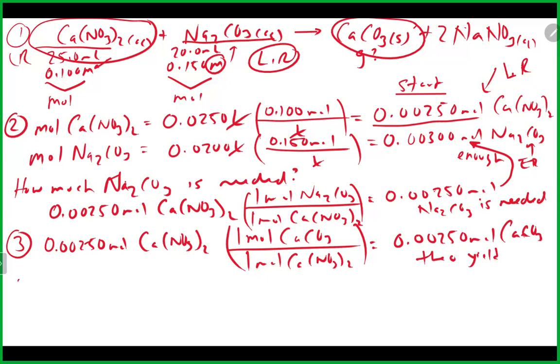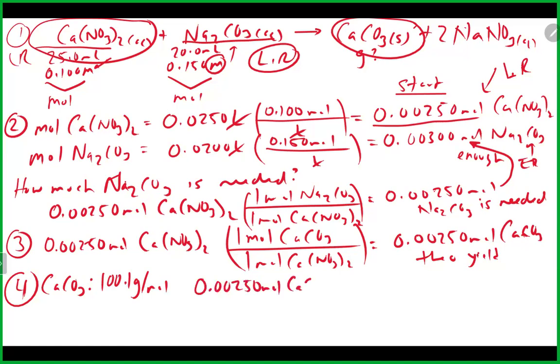So the last step here is the molar mass from the periodic table of calcium carbonate. So again, if you go to the periodic table, you got a 40.08 for your calcium, you got a 12.01 for your carbon, and you got 3 times 16 for your oxygen, 100.1 grams per mole from the periodic table is the molar mass, and our conversion factor to finish out the problem here, 0.0025 moles of calcium carbonate.